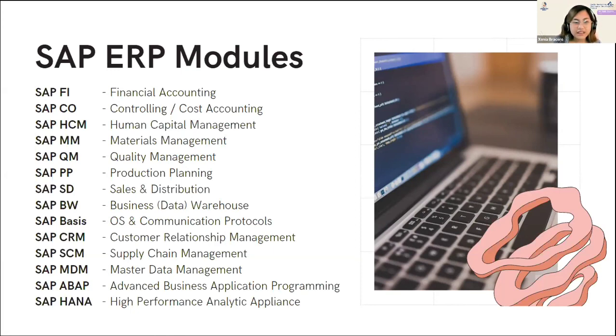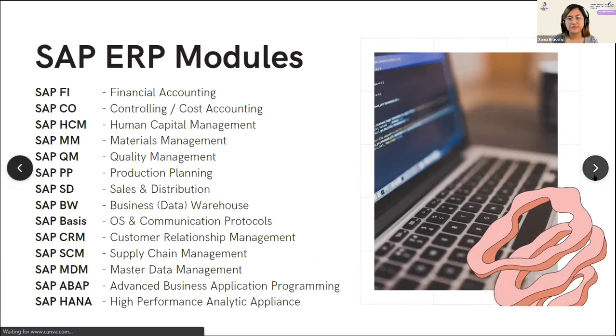And here is ABAP, which is one of the modules, the advanced application programming. And HANA, which is actually new, is the high performance analytic appliance. For this specific discussion, we will focus on ABAP, which is my current role.